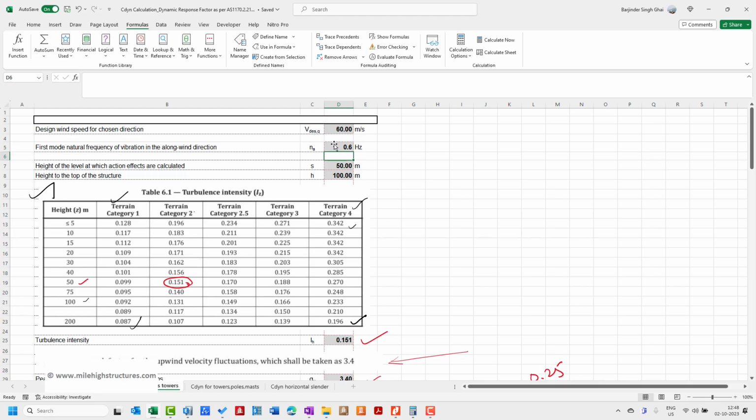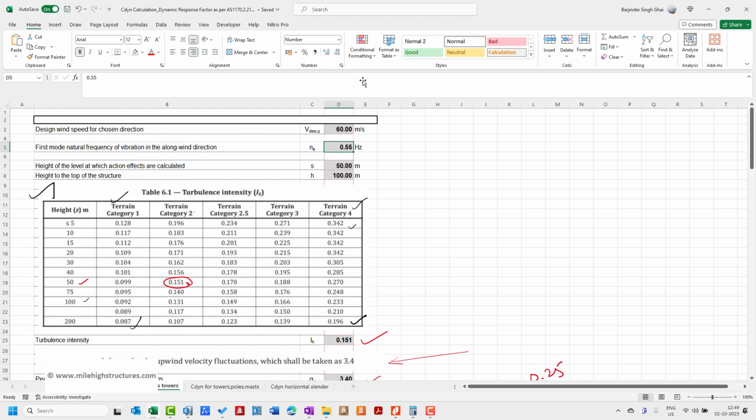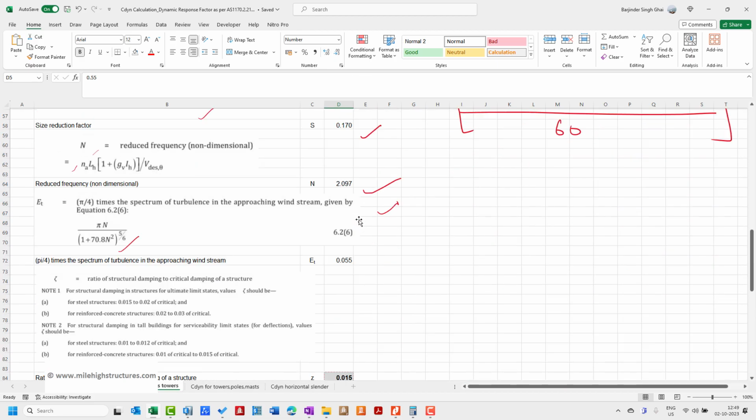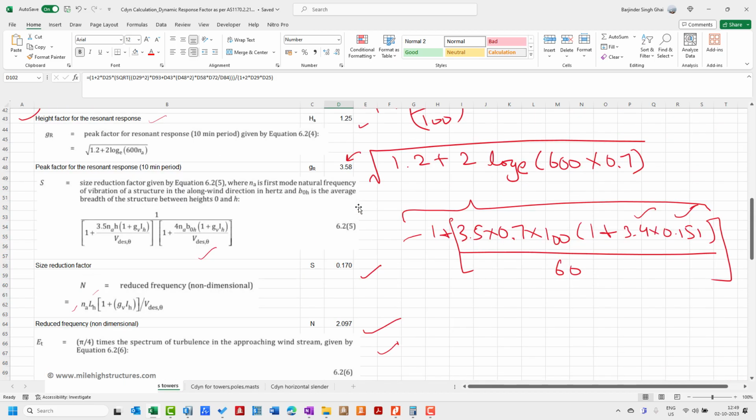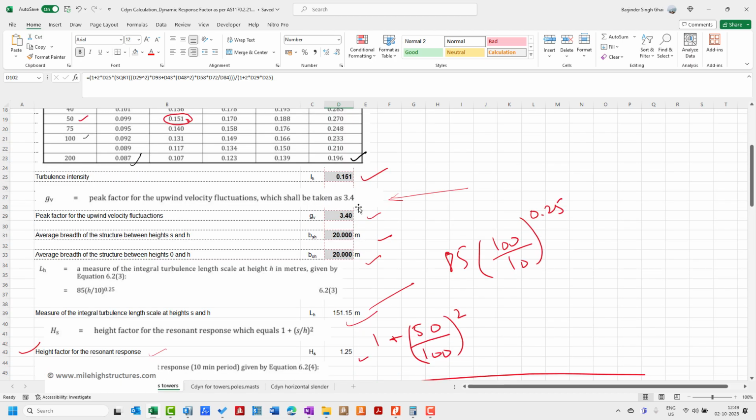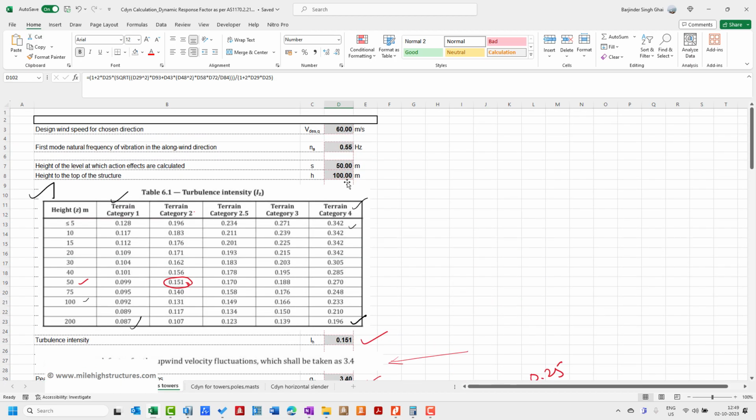Let us assume we are giving here 0.5 hertz. So we are making the structure more wind sensitive, and our value of Cdyn suddenly increases to 1.15.